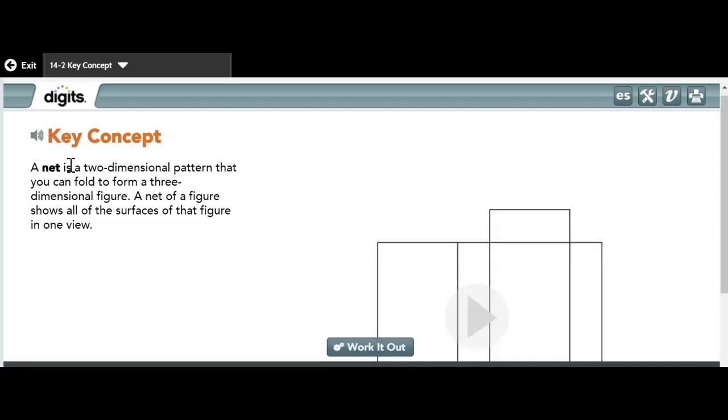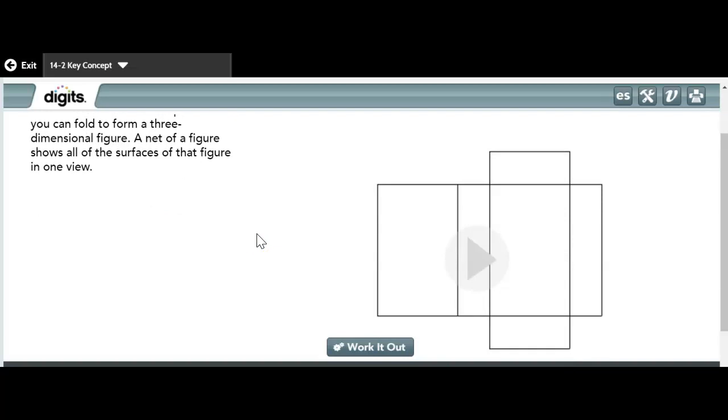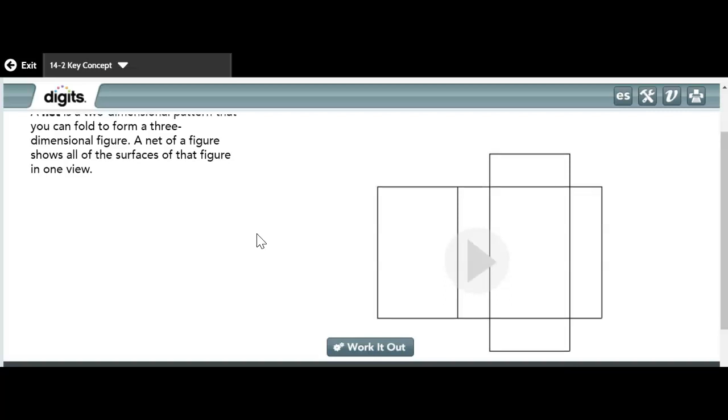In other terms, it is a 3D shape flattened. Another way to think about it is if we take a box from, let's say, Amazon, and we flatten it out to create a 2D shape, that would be your net.